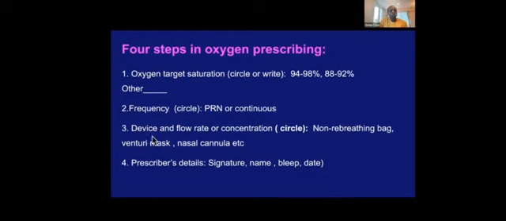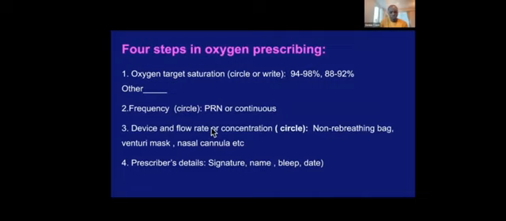So step number 3 is to choose the device and to choose the flow rate. Step number 4 is the prescriber's details. Write your signature, your name, your bleep, and date. So there are 4 steps. What are the oxygen target saturations? Circle it. What's the frequency? PRN or continuous? What's the device?